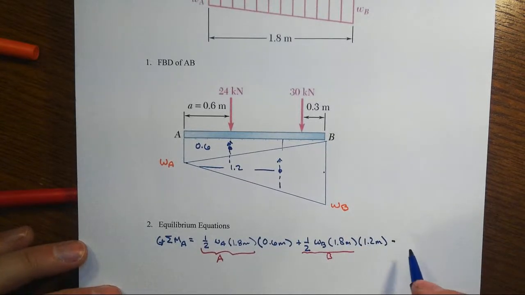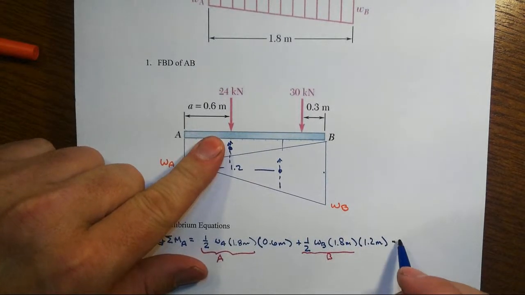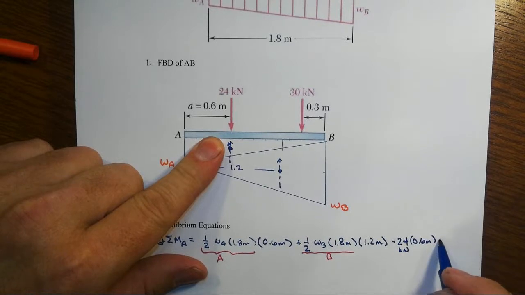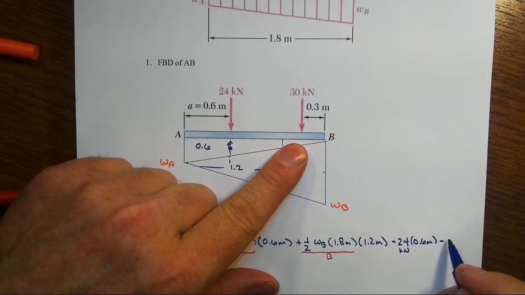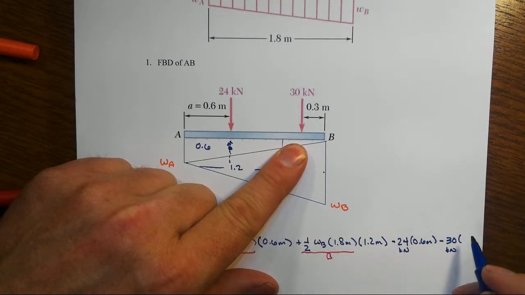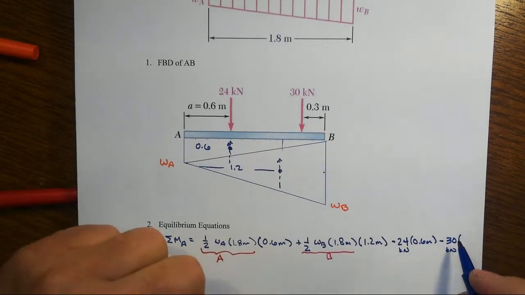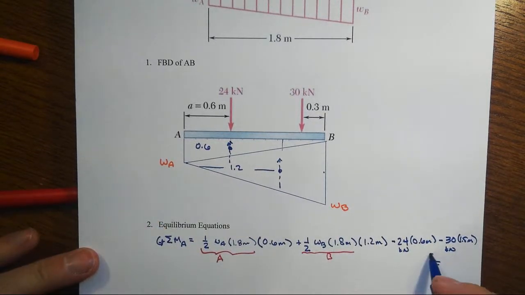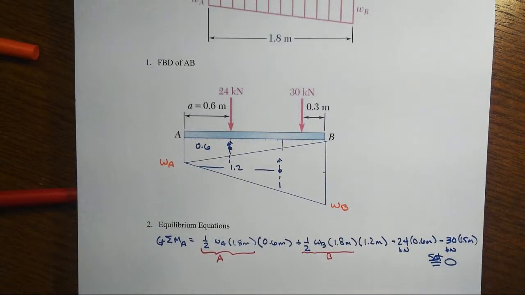Then we have to take care of the 24 kilonewtons times 0.6 meters, and minus 30 kilonewtons times its moment arm of 1.8 minus 0.3, or 1.5 meters, and we set all that equal to 0.